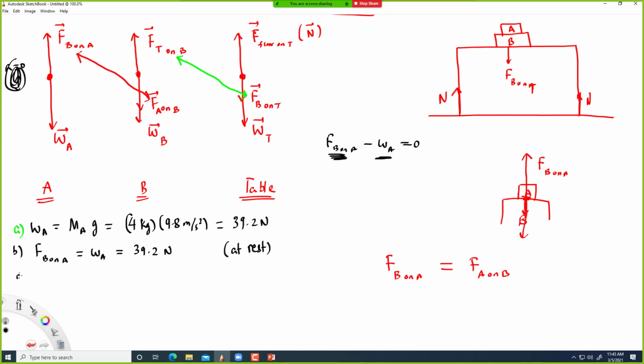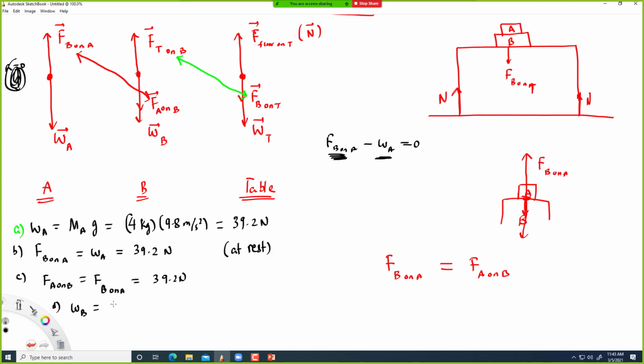Now C, we have force of A on B, which is the same as force of B on A, action and reaction. So that's 39.2 also. And then D, this one, WB.